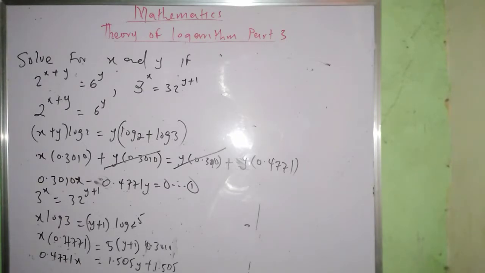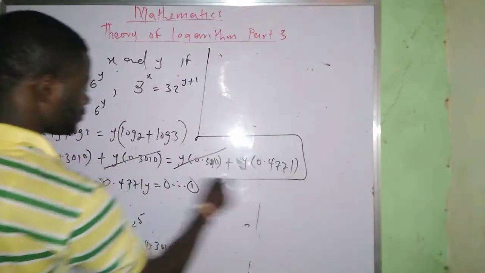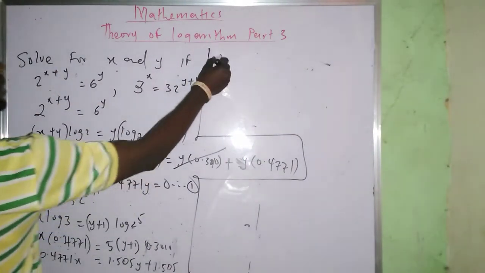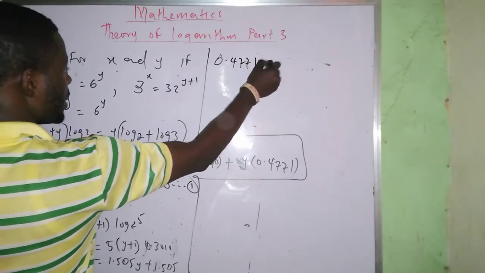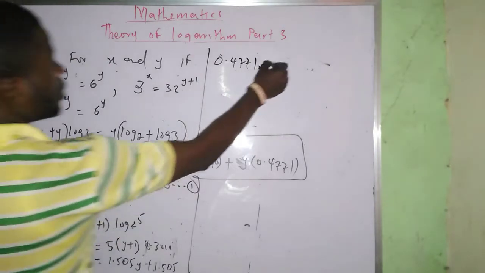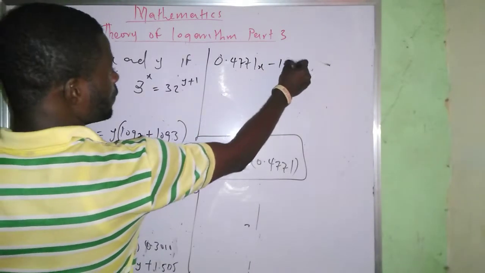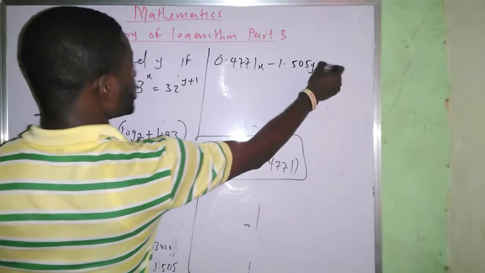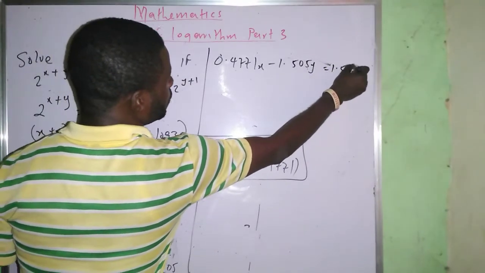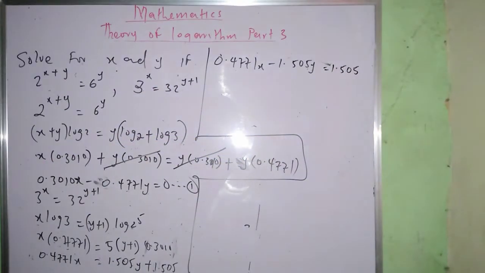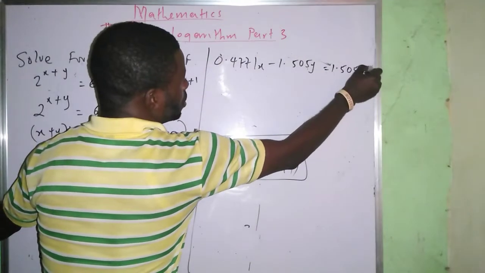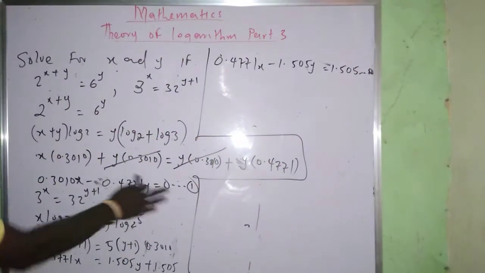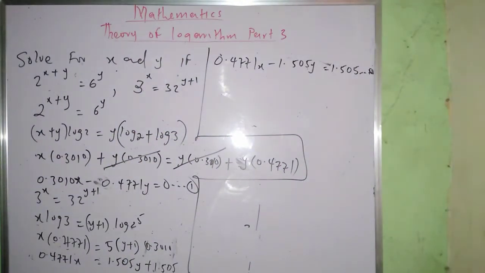Now if I collect like terms, I will have 0.4771x minus 1.505y equals 1.505. This one will now be equation 2. Since I have my equation 1, I have my equation 2, I can now solve it simultaneously.